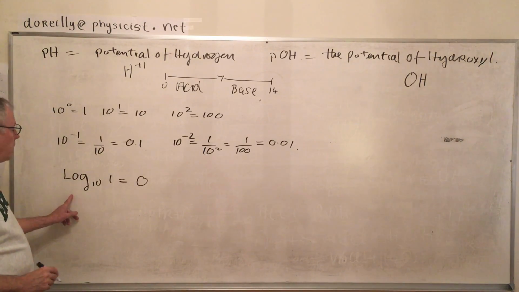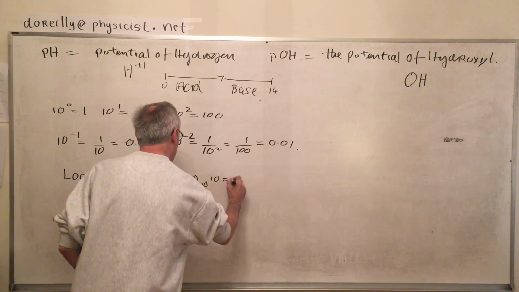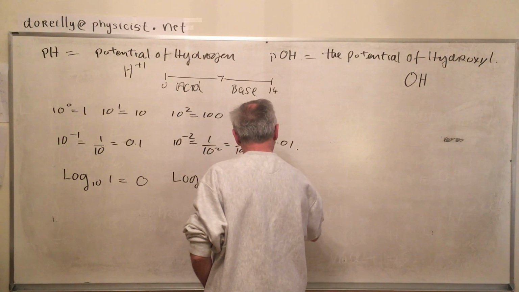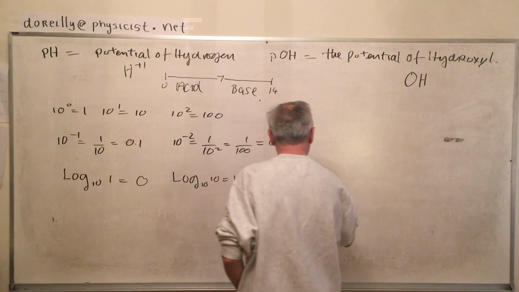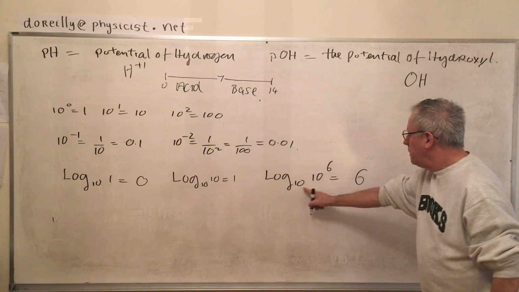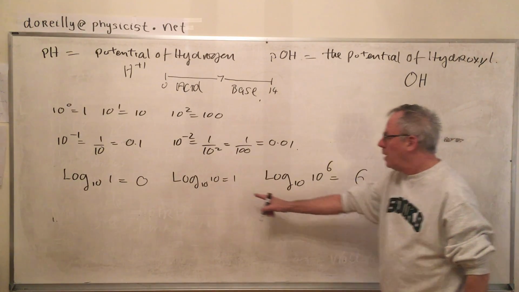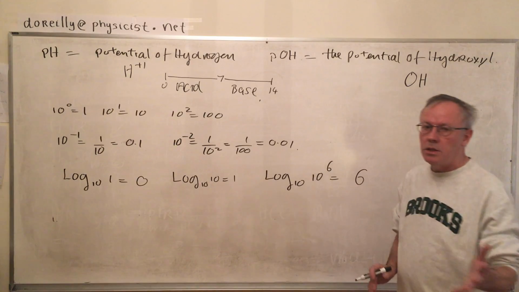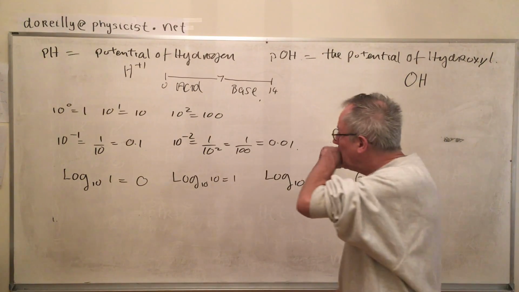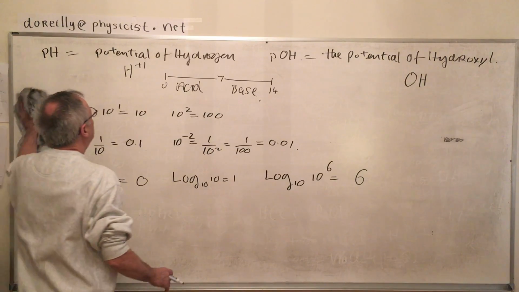Now the log of 1 is 0. And the log of 10 to the power of 6 to the base 10 is 6. These are logs, but you don't need to know it if you can use your calculator. Let's go straight into the definition of pH.